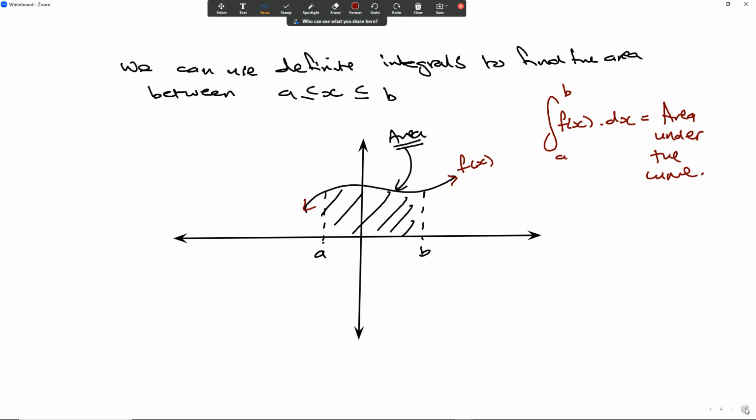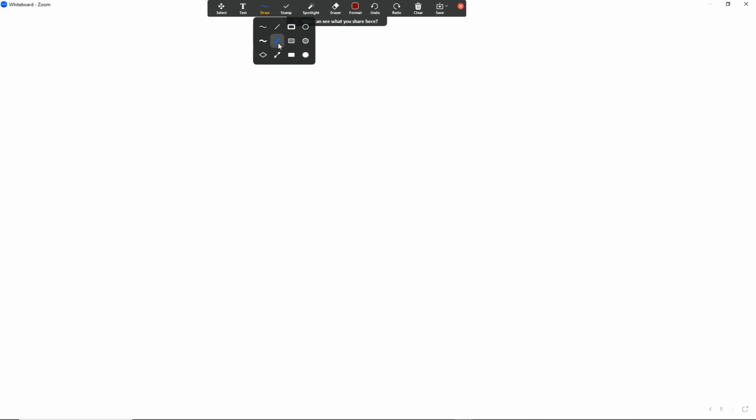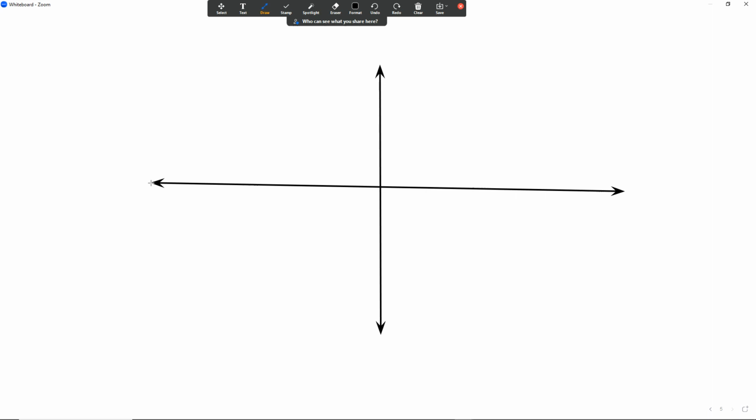Let's do a quick example of this. I have my y-axis, I have my x-axis, and I have a curve y equals x squared plus x cubed plus x squared minus 2x. All right.